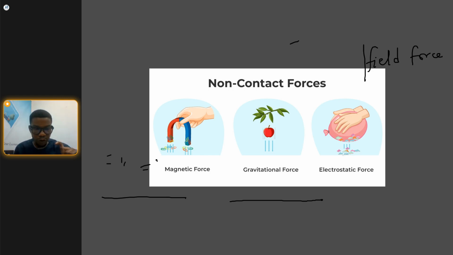That is, force is the cause of motion. And we went ahead to subdivide force into two categories: contact force and non-contact force. We said contact force has to be physically in contact for motion to happen, and for non-contact force, they don't need to be in physical contact, but motion will take place.